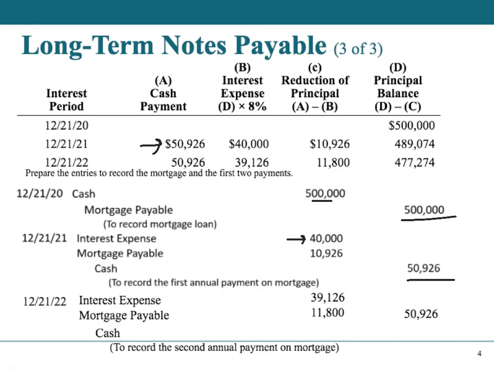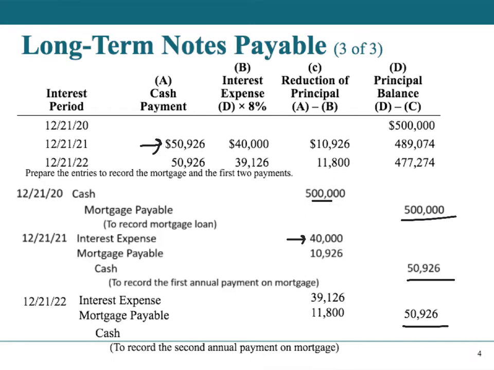So for the year 2021, on the income statement, we will show $40,000 worth of interest expense. And then a debit to mortgage payable of $10,926. The next journal entry will be very much alike, except the interest and mortgage payable will change. Cash is the only one that will remain the same. And you will continue on with the journal entries.